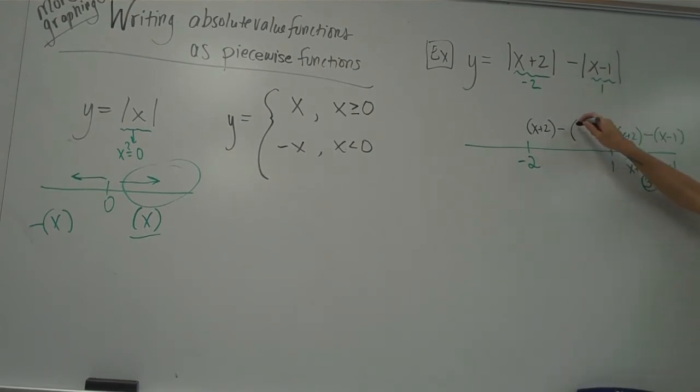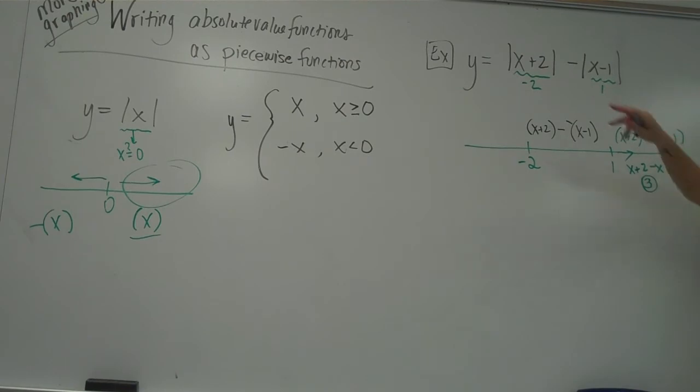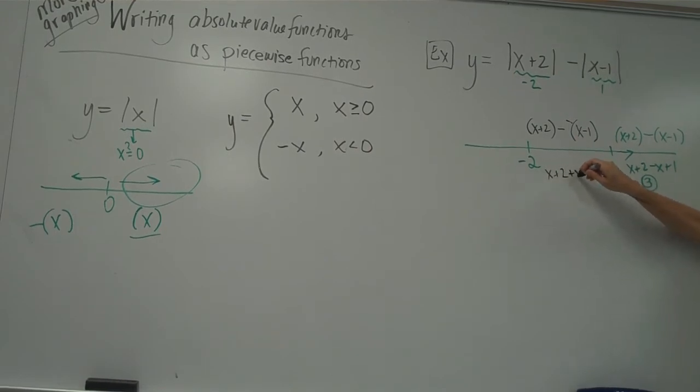So this means I still change the bars to parentheses, but the sign in front changes. So either you can just change this minus to a plus, or put a negative out front because the minus and the negative will become a plus. Do you know what I mean? So I'm changing it from subtraction to addition, or to minus a negative either way. So what I really have here is x plus 2 plus x minus 1.